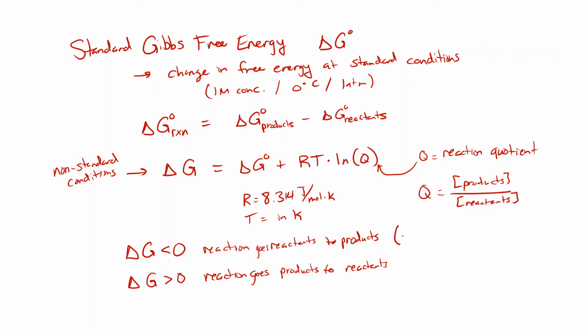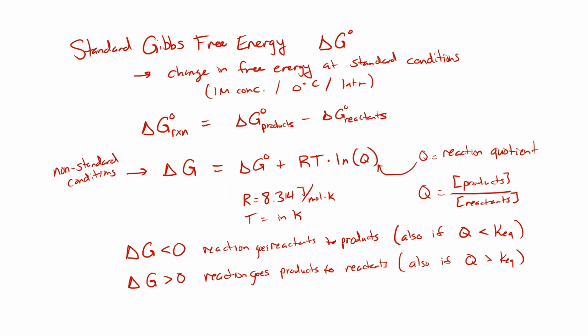So this is also true if Q is less than KEQ, and this is also true if Q is greater than KEQ. So if Q is greater than K, then the reaction goes in the reverse direction, products to reactants. If Q is less than K, then the reaction will produce more products. Same thing for delta G less than 0, delta G greater than 0.